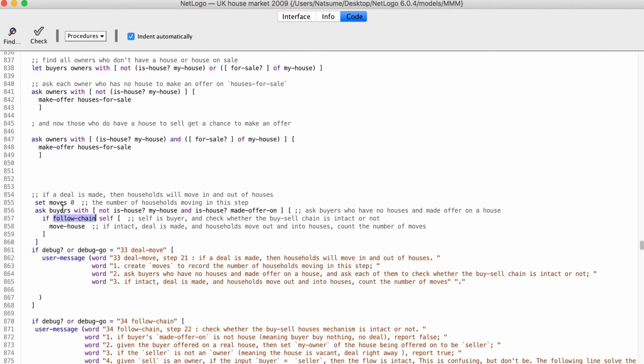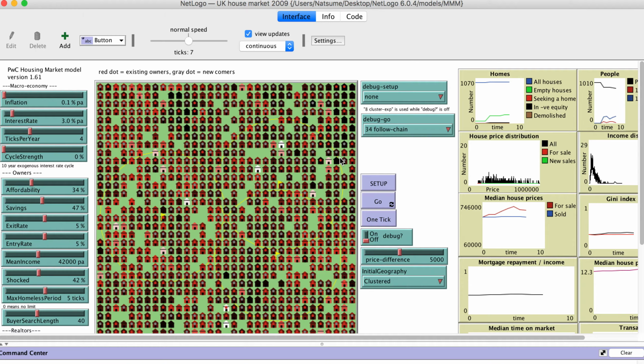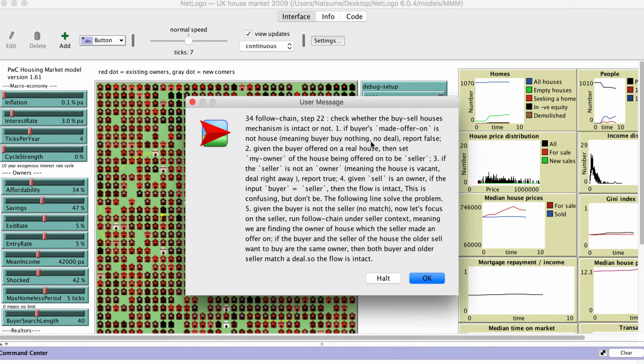So buyers are owners, self is buyer, so it's also owner. So we are in owner context. We are in the buyer's context. So we're under the buyer's context, and first step is to check the buyer's property called made offer on.